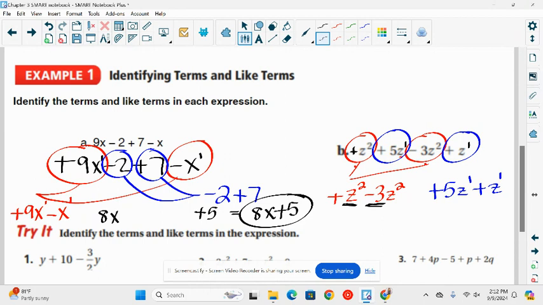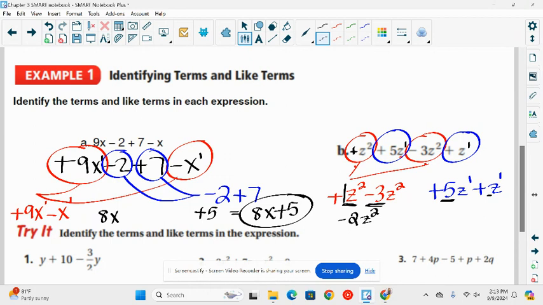How many zebras are right here? Look right here. Just one. Okay. So what's 1 take away 3? So negative 2 z squared.